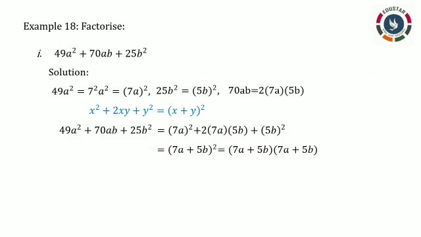Now, let's move to the second subdivision. Our question is 25 by 4 into x square minus y square by 9. See here, both 25 and 4 are square values.